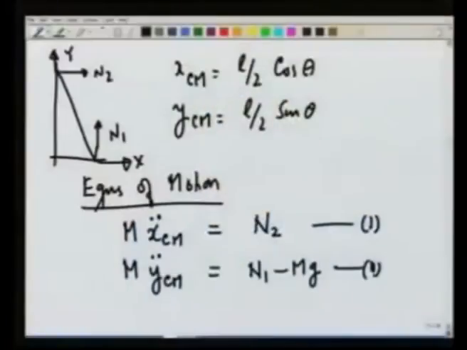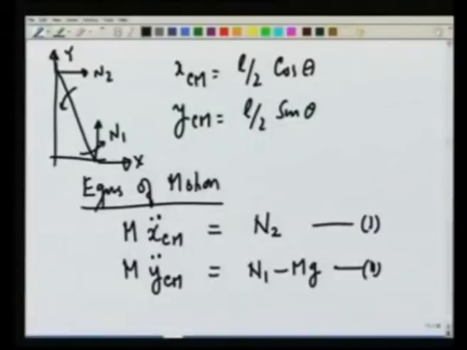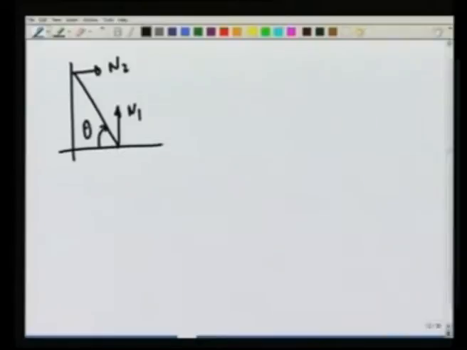On the other hand, it also rotates as it moves, and it is rotating like this. For the rotational motion, N1, N2, since we are taking theta like this, we will write the equation that way.